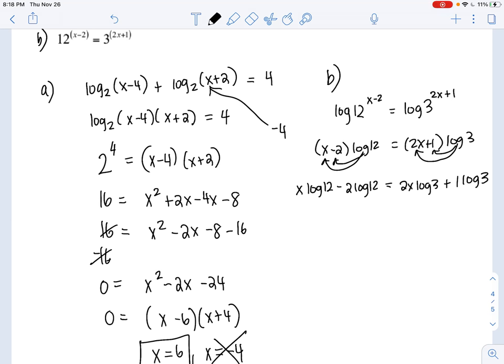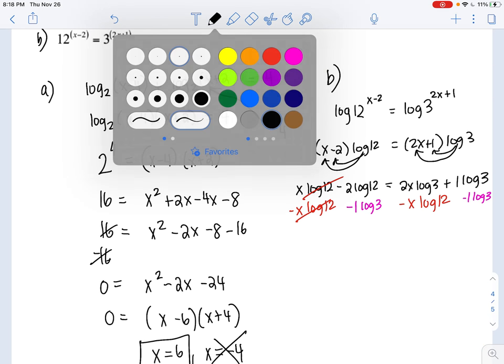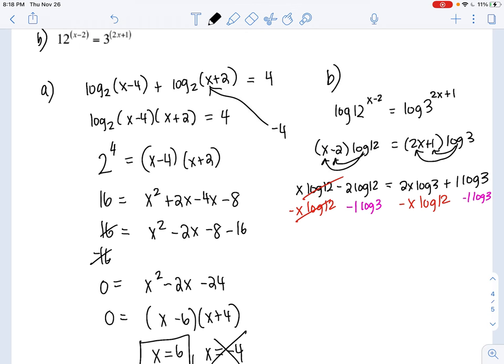So we're going to bring the x's to one side of the equation. So I'm going to bring this x to the other side. It doesn't matter which side you bring it to. These guys cross off. And I'm going to bring this 1 log 3 to the other side by subtracting. Now you can't actually subtract those logs, so you're just going to write them side by side.